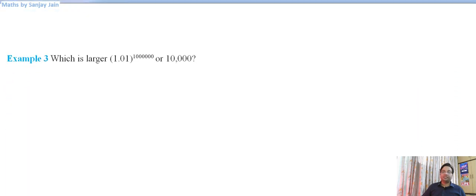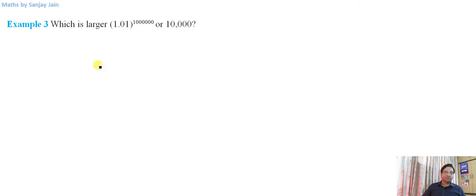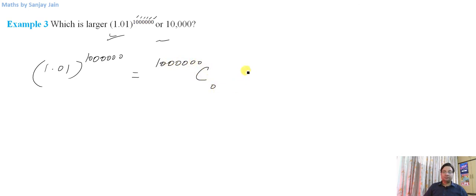Now which one is larger, this one or this one? So we will see by expanding it. Let us expand 1.01 raised to, how many zeros are there? 1, 2, 3, 4, 5, 6 zeros. Now if I expand it, the first term will be 1000000C0.